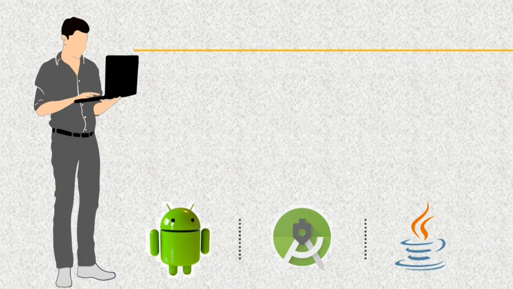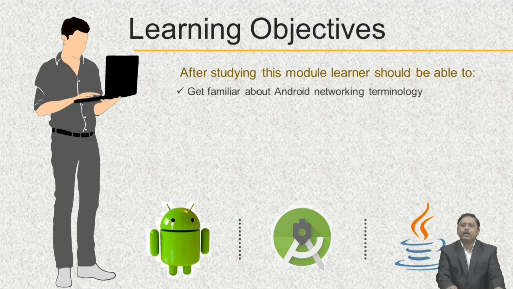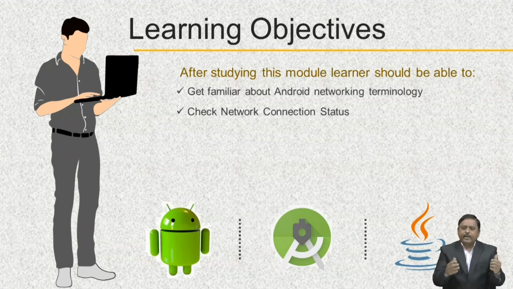So let us start. Learning objective for this session is, after studying these modules, the learner should be able to get familiar with Android networking terminology. They can check network connection status.